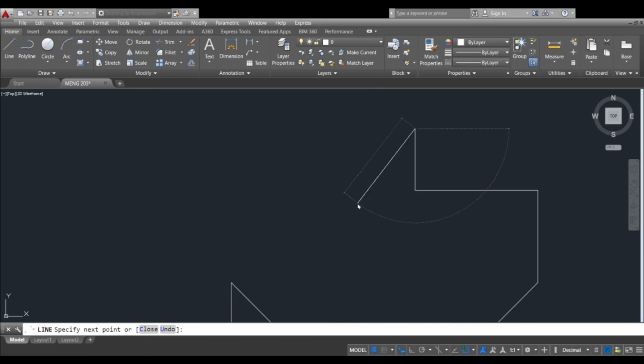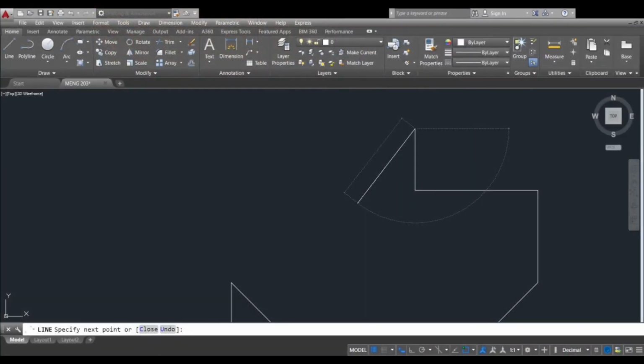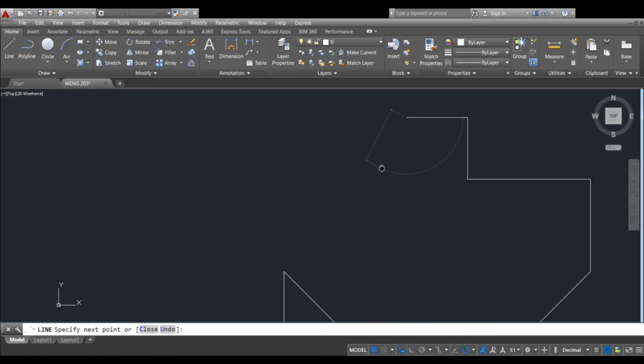Okay, so next is J to K. We also have 1 unit going to the left. So our coordinate will be at 1, angle 180. So at 1, angle 180.